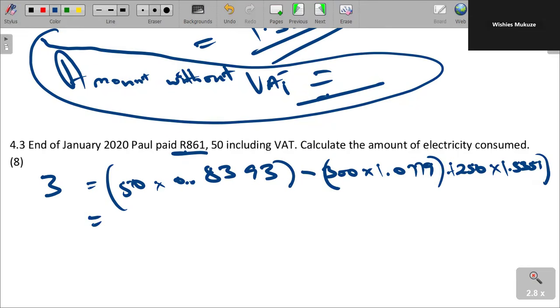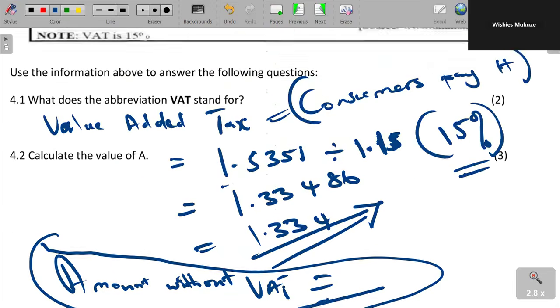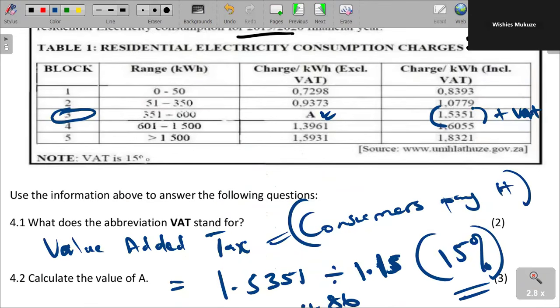So when we calculate these figures, the figures are derived from our table there.